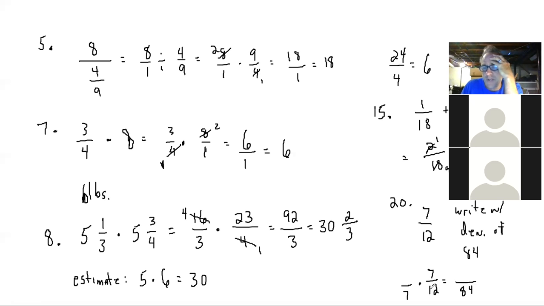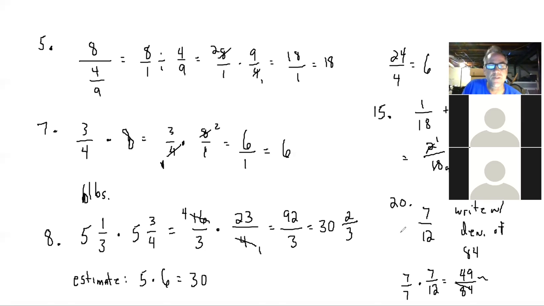The only way not to change this is to multiply by 1. So whatever you multiply the bottom by to get your desired denominator, just make sure you multiply the numerator by the same thing, because then you're just multiplying by 7/7. Now 7 times 7 is 49.